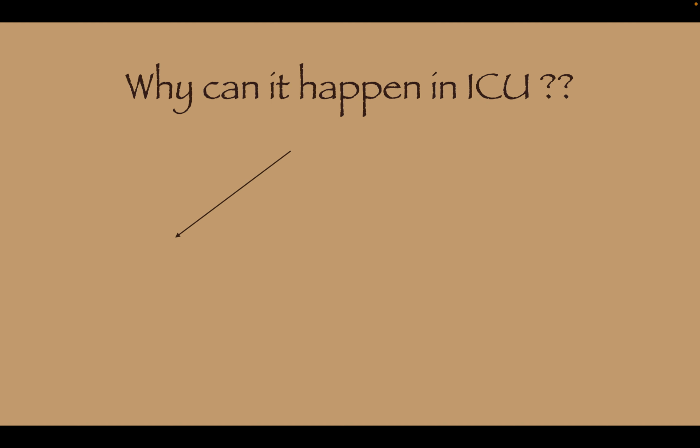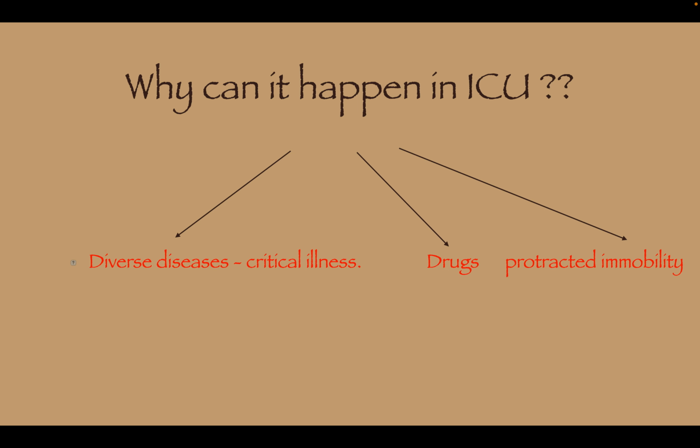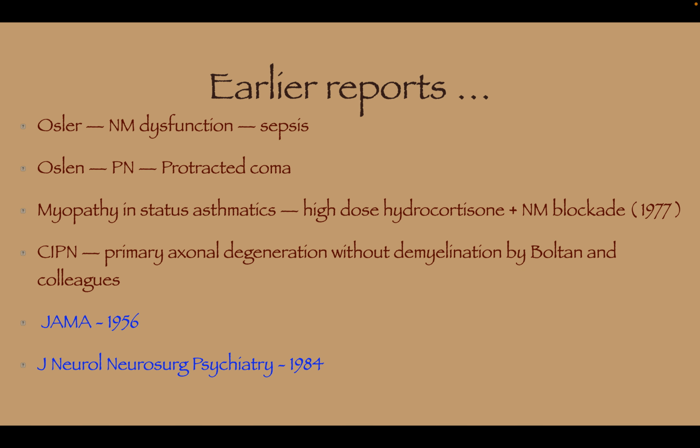As we know, in ICU you have diverse diseases, many drugs and drug-to-drug interactions, and of course protracted immobility. So these are the three predominant reasons why it can happen in ICU.